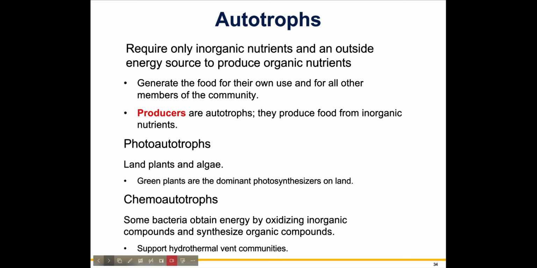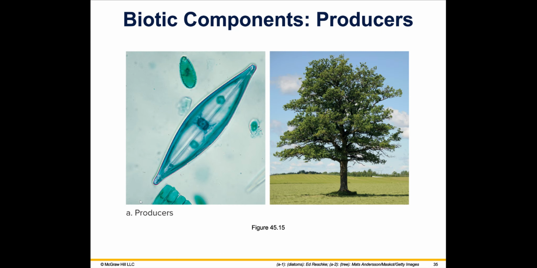The most common and the one you're probably most familiar with are photoautotrophs. Those are our land plants and our algae. They do photosynthesis. And then there's chemoautotrophs, which are some bacteria and things that live in, like, hydrothermal vents that can take sulfur or other chemicals in order to make their food.